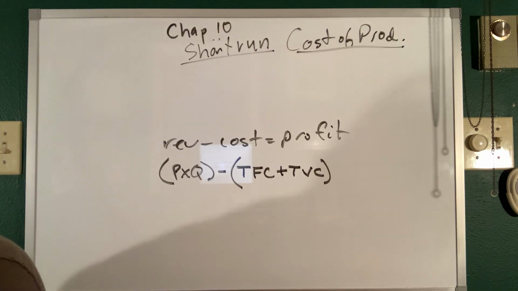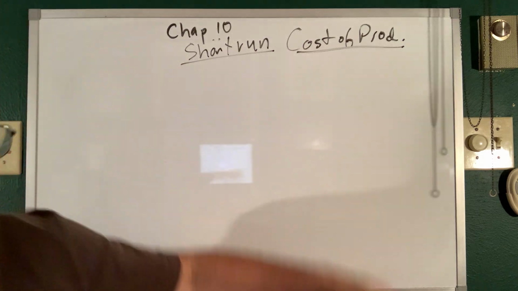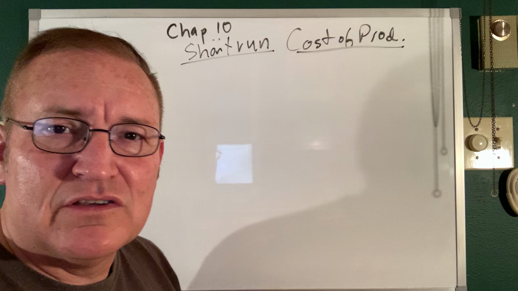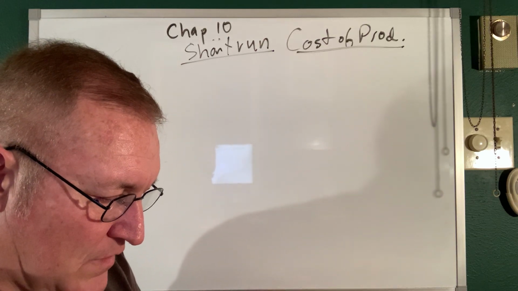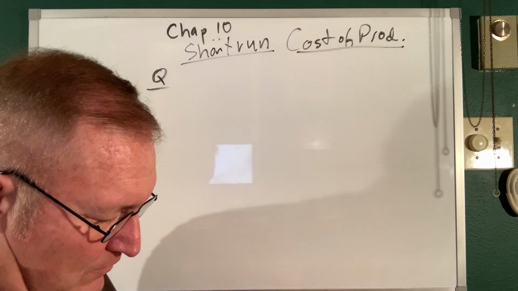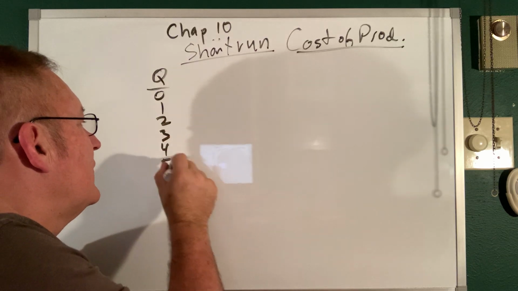So, I'm going to put a bunch of numbers up here, and our goal is simply to use those numbers to get to a picture, all right? And we'll put quantity here, and we'll say 0, 1, 2, 3, 4, 5.